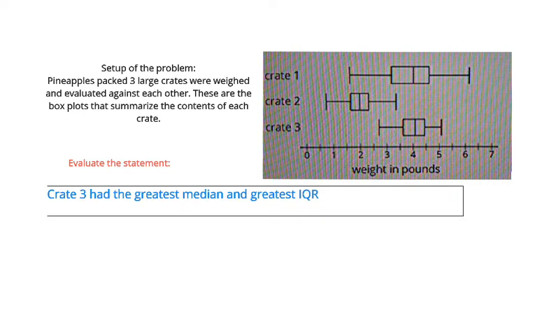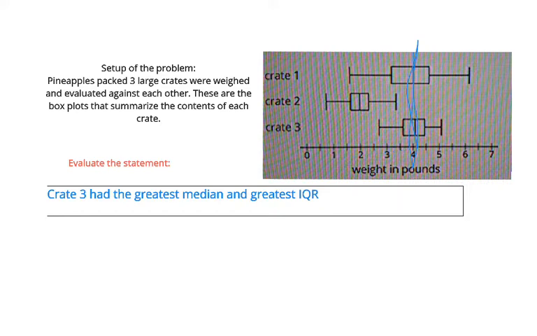Okay, the fourth statement we're looking at is asking whether or not crate 3 had the greatest median and the greatest interquartile range, the IQR. First we look at medians, and we can see right off the bat that it's tied for the greatest median.